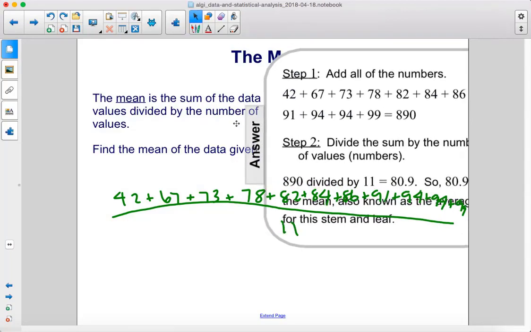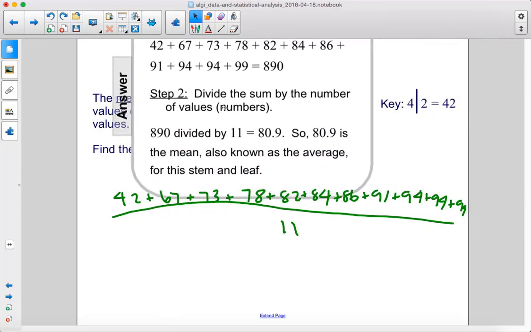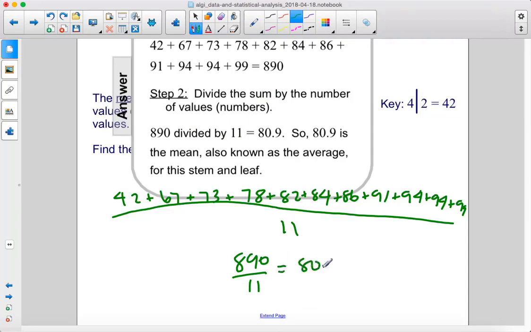So if we look at our answer here, all of those numbers add up to 890 divided by 11, because that's the number of numbers, and that equals 80.9. So 80.9 is the average.